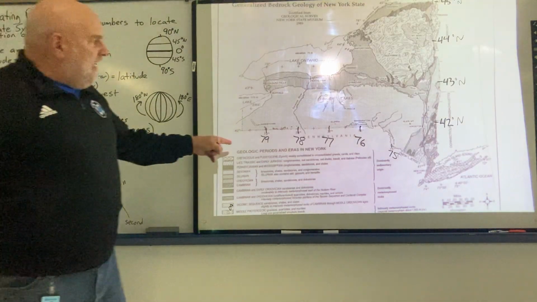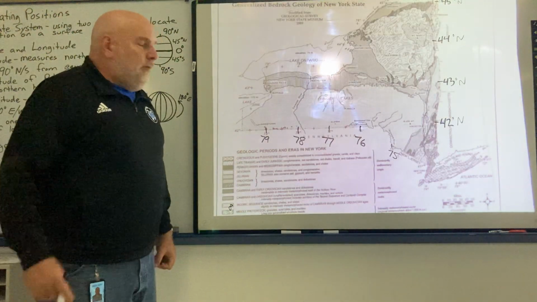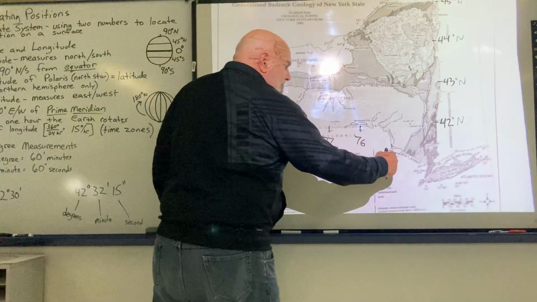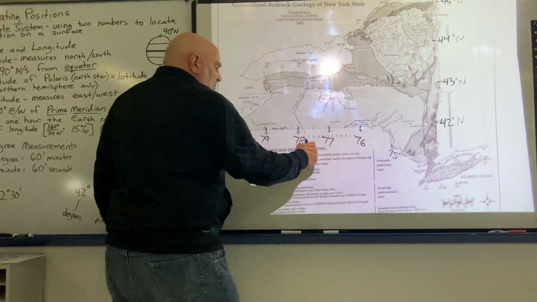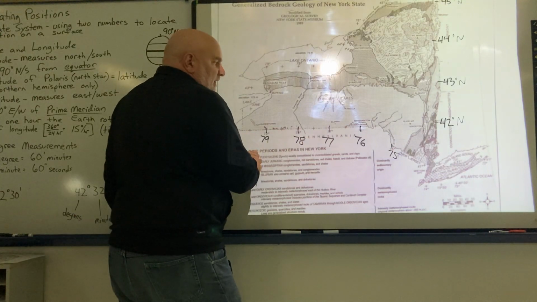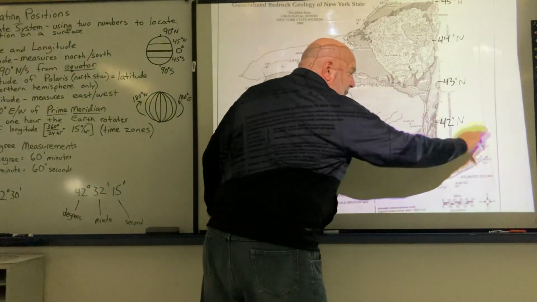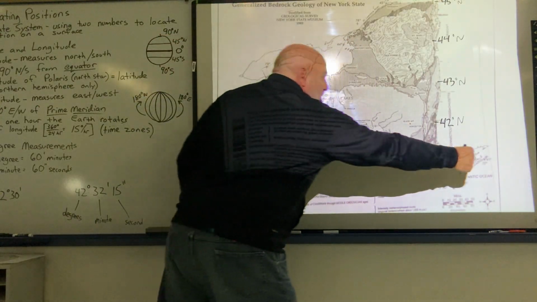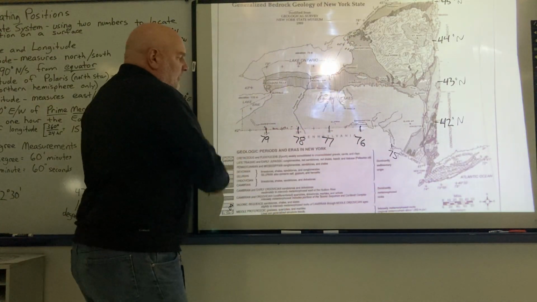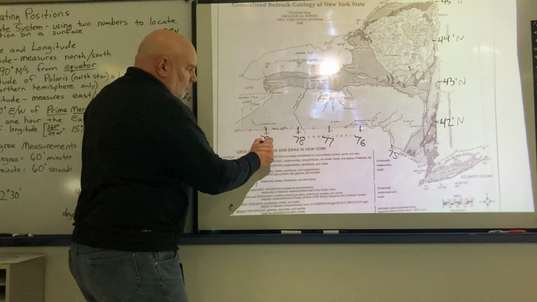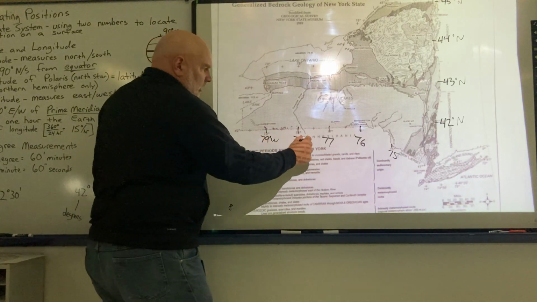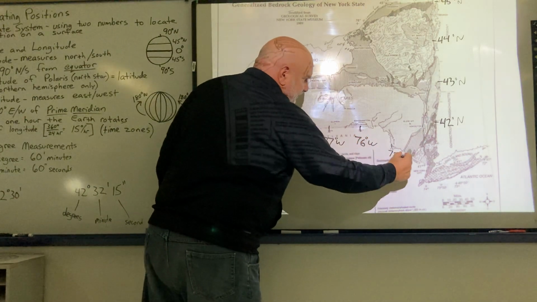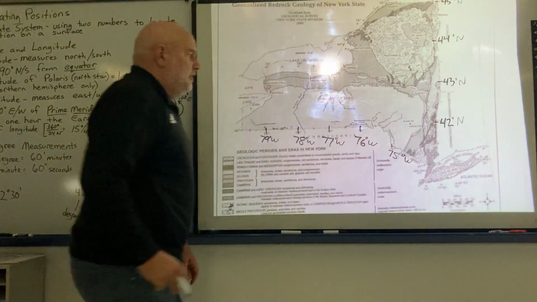Now again, these aren't labeled east or west, but you're supposed to be able to figure it out that since the numbers are going 75, 76, 77, 78, 79, that zero would be over here someplace, and it's counting this way from zero. So the numbers are counting west. So again, even though they're not labeled west, all the longitudes in New York State are west longitudes.